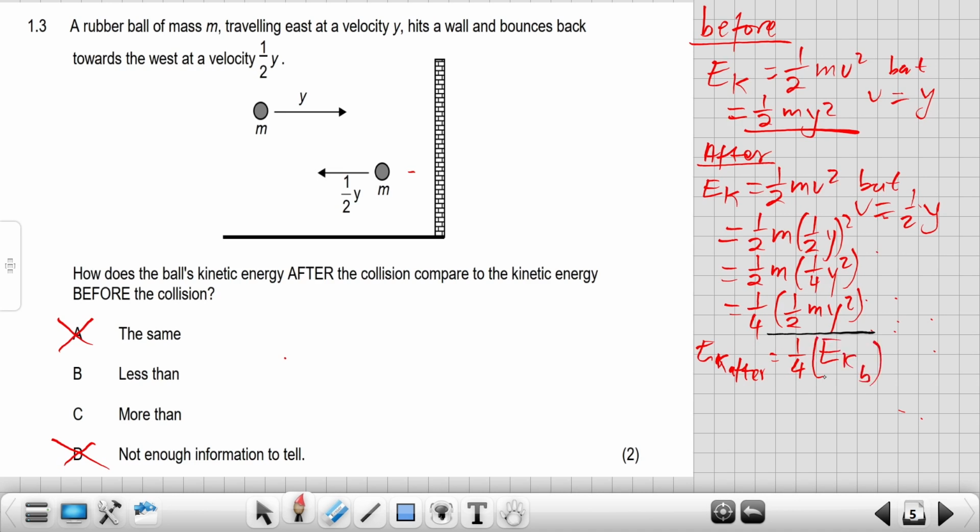So it basically says to me it is decreasing by a factor of 1 over 4. So EK after is smaller than, or less than, the EK before. So I have just applied physics principles of energy to choose the correct answer. So C will be an incorrect answer, and less than will be the correct answer.